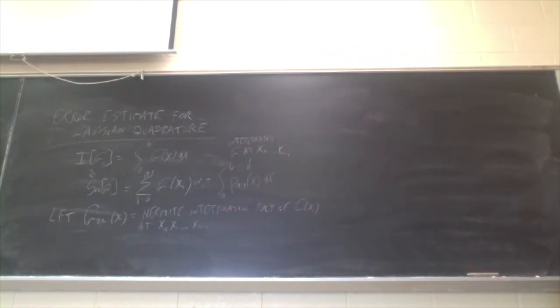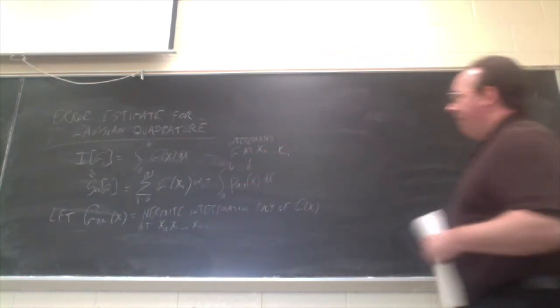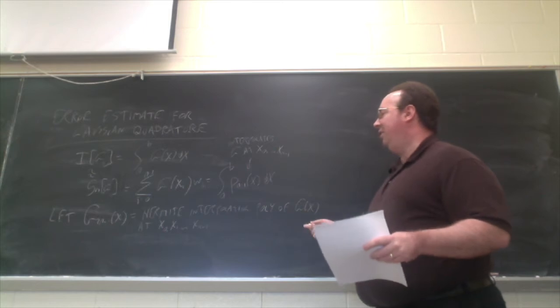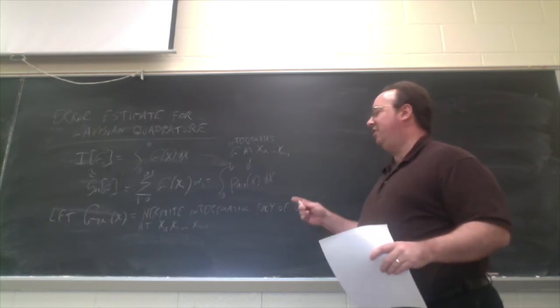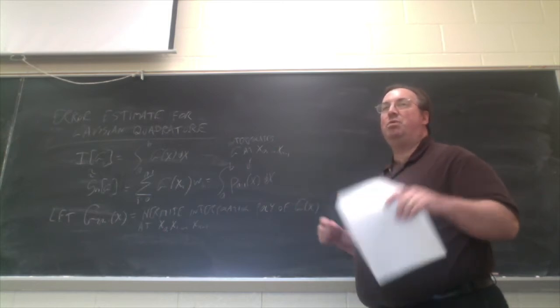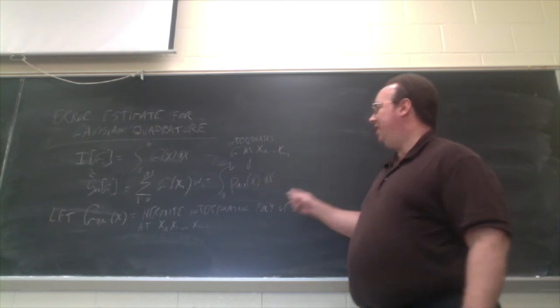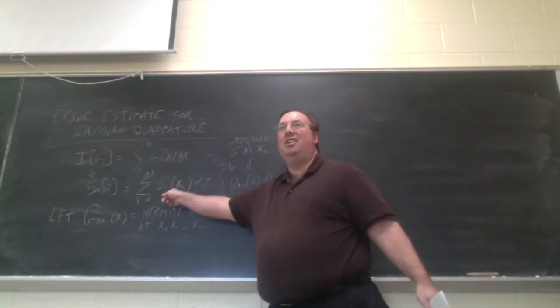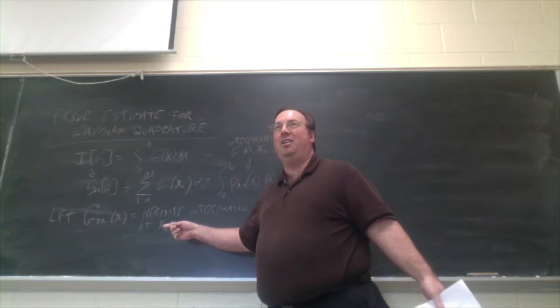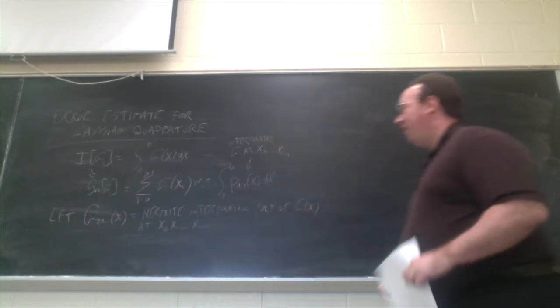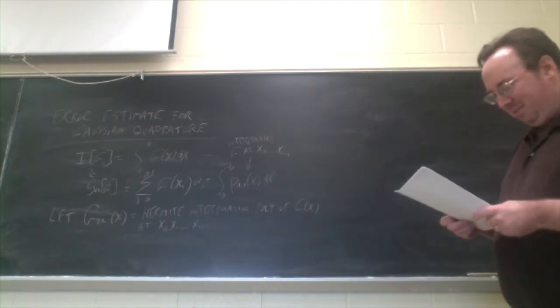Now this seems like a strange thing to do, because a Hermite interpolating polynomial interpolates G at these nodes and G prime. But G prime does not play a role in our approximation at all. So it seems like this should be totally wrong. But Gaussian Quadrature works in funny ways. So you'll see.